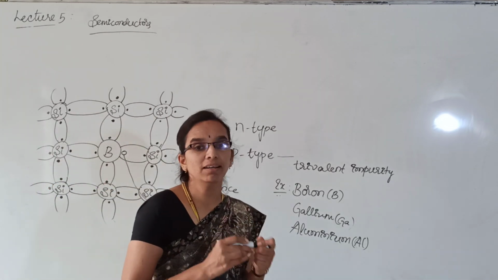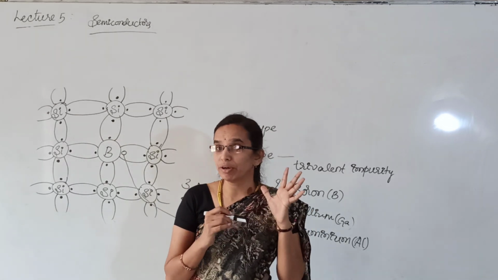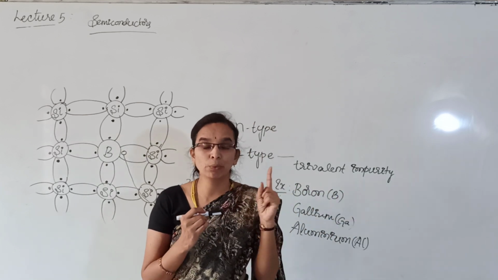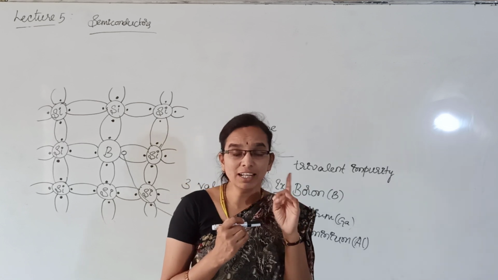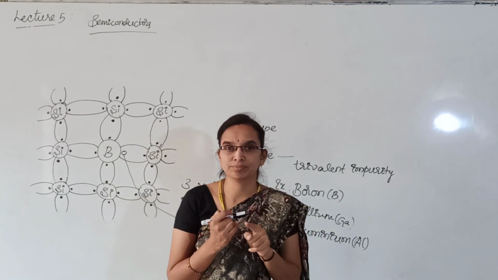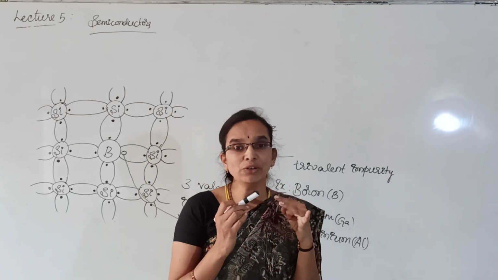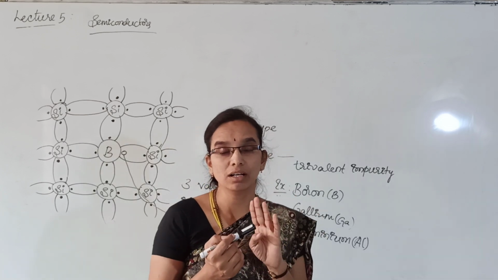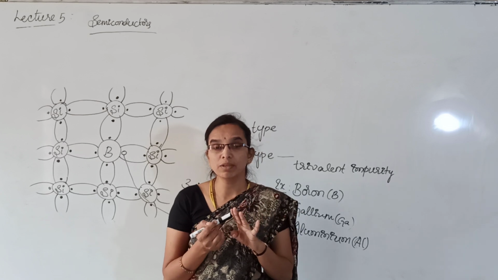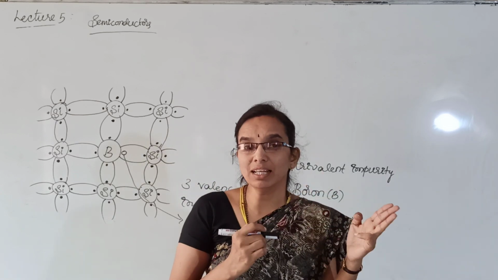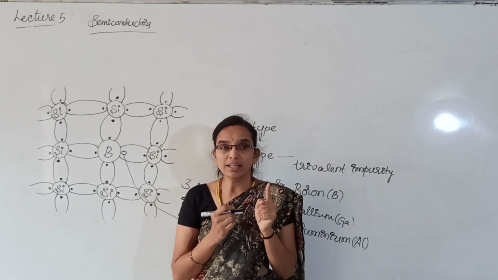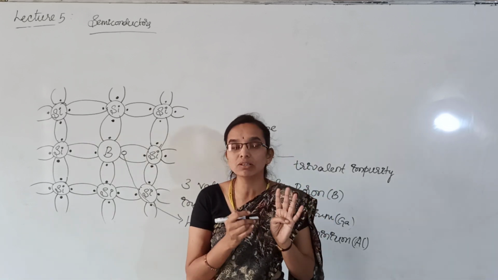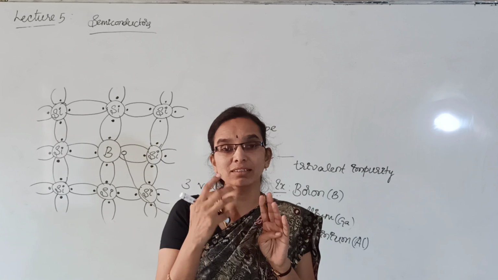Okay. When you add pentavalent impurities, those will be containing 5 valence electrons. Out of 5, 4 will make covalent bonding with the neighboring silicon atom. One electron remains as free. Here, when you add trivalent impurity, the 3 valence electrons of a boron atom will make covalent bonding with the 3 neighboring silicon atoms, and one covalent bond remains incomplete because silicon is having 4 valence electrons, whereas your boron atom will be having 3 valence electrons.